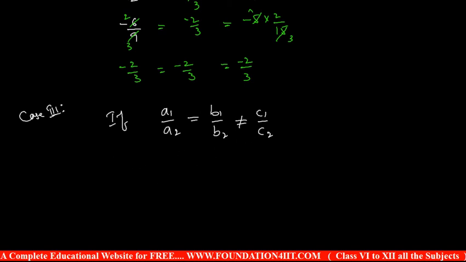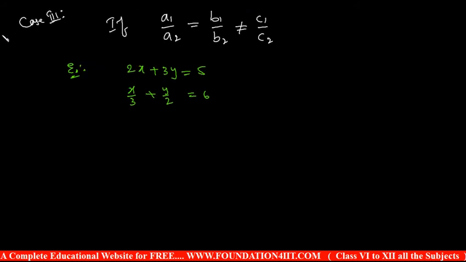So let me show an example. Let us take the linear equations 2x plus 3y is equal to 5, and one more, x by 3 plus y by 2 is equal to 6. Let it be. In this, the x coefficient is 2 divided by 1 by 3, the y coefficient is 3 by 1 by 2, and here is 5 and 6.